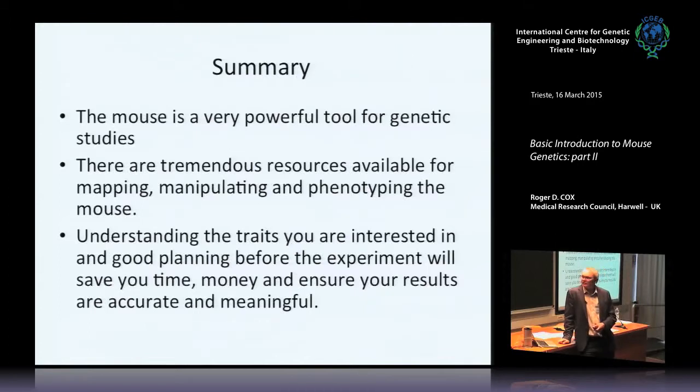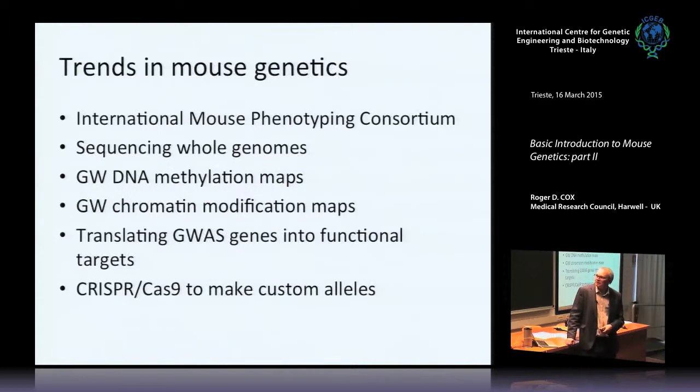It's a great model system. There are fantastic resources out there, publicly available. We can manipulate the mouse genome. There are great techniques coming along. But planning and understanding what you're doing is quite important to saving money and getting reproducible results.